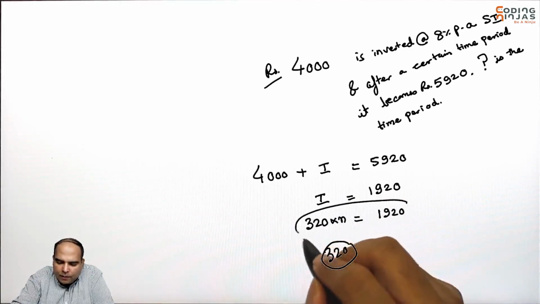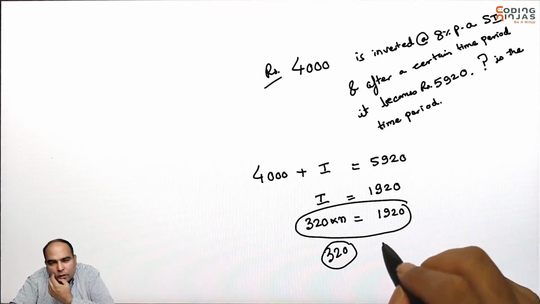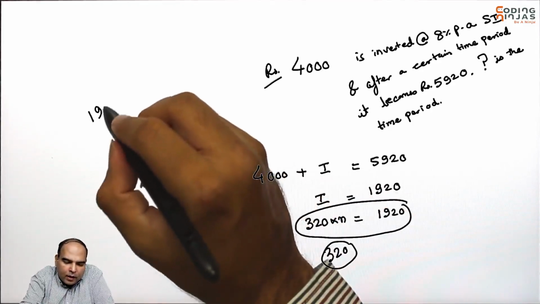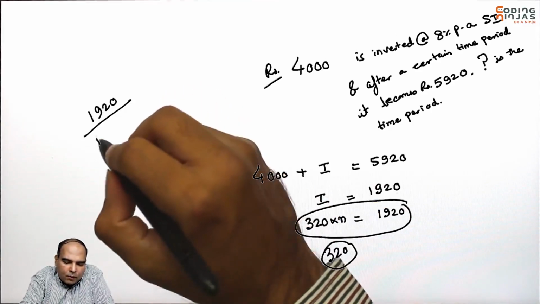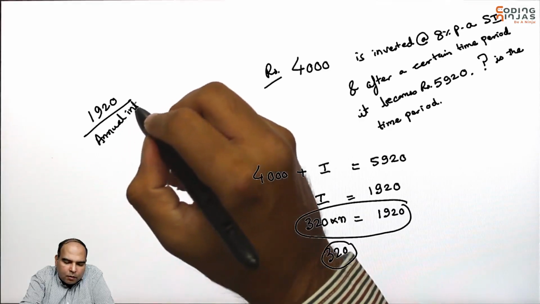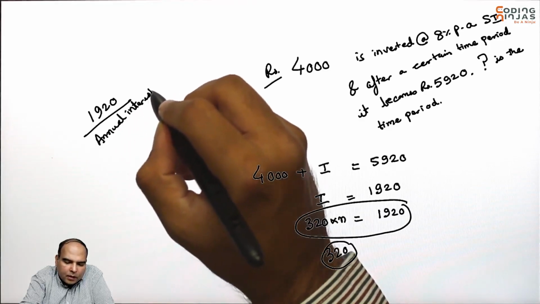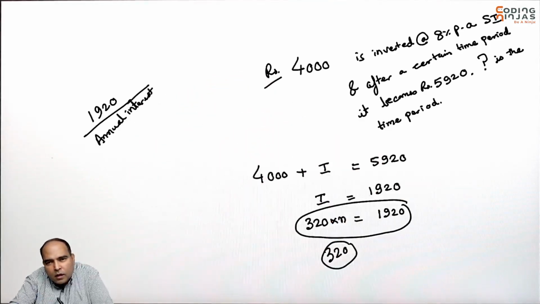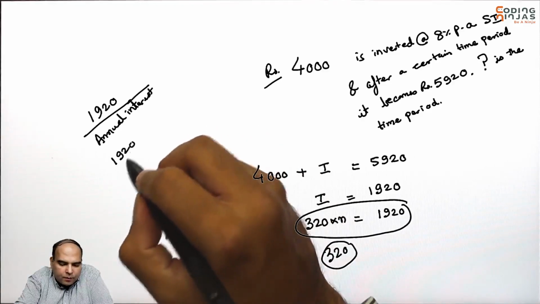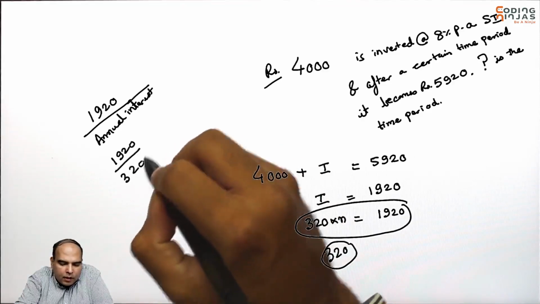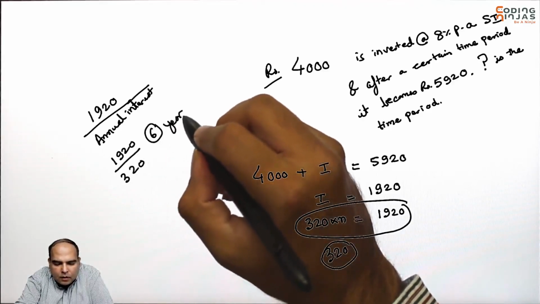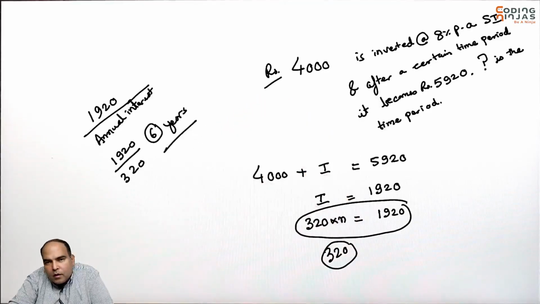So the value of n coming from this equation will be the answer to the number of years. So in other words, you could simply divide 1920 by the annual interest to get the number of time periods, and this will always work in a simple interest question. So 1920 divided by 320 will give you 6 as the number of years in this question, right?